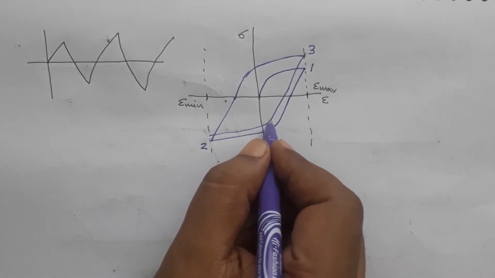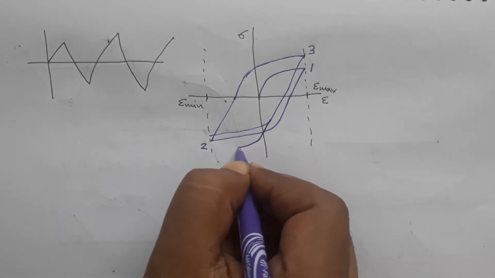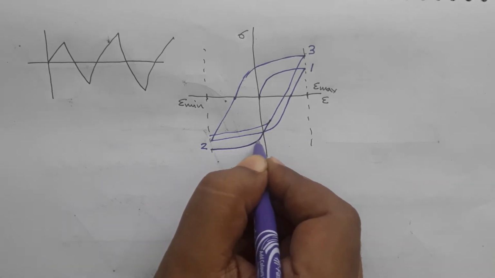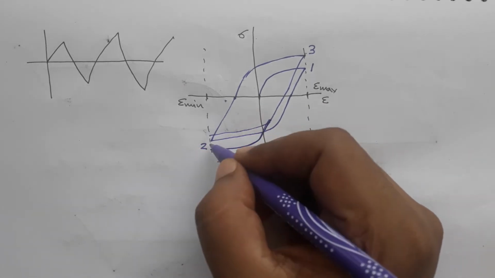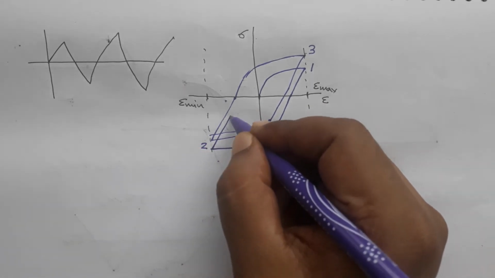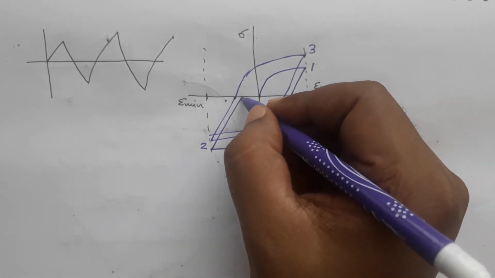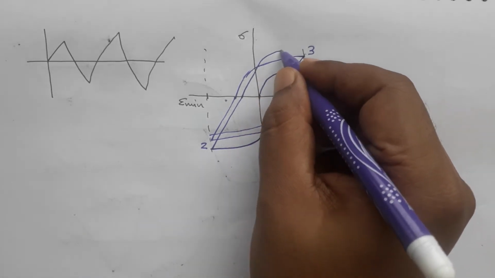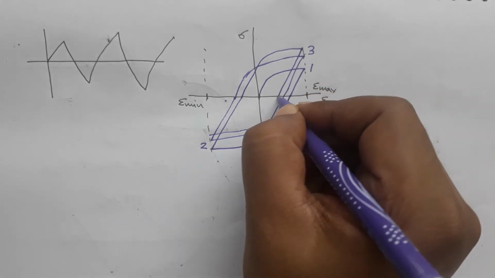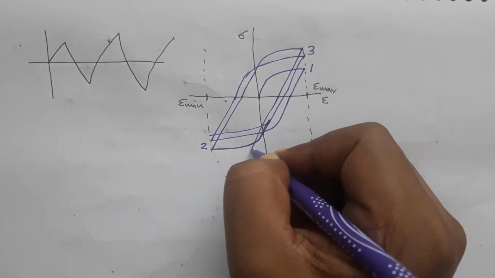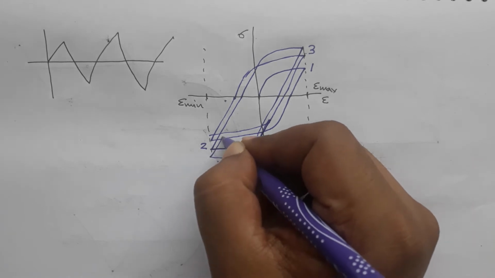So this is wrong. It will go something like this. Okay, and so it will reach epsilon minimum, and then you unload it, and then it will go to another higher value, and it will come back to another higher value, and so on.